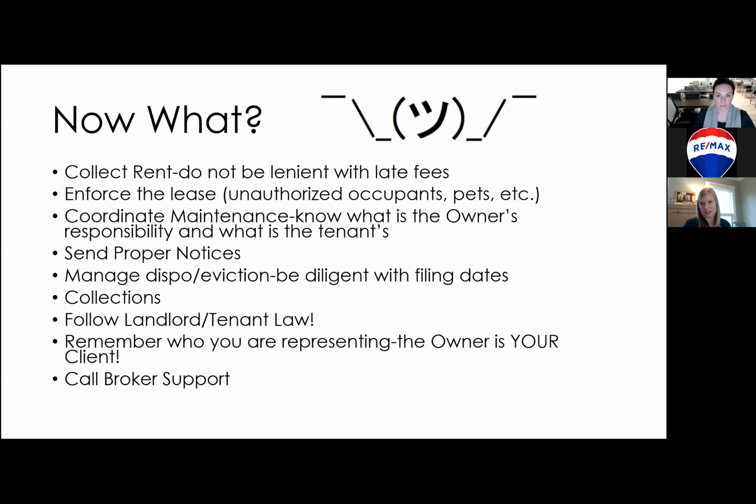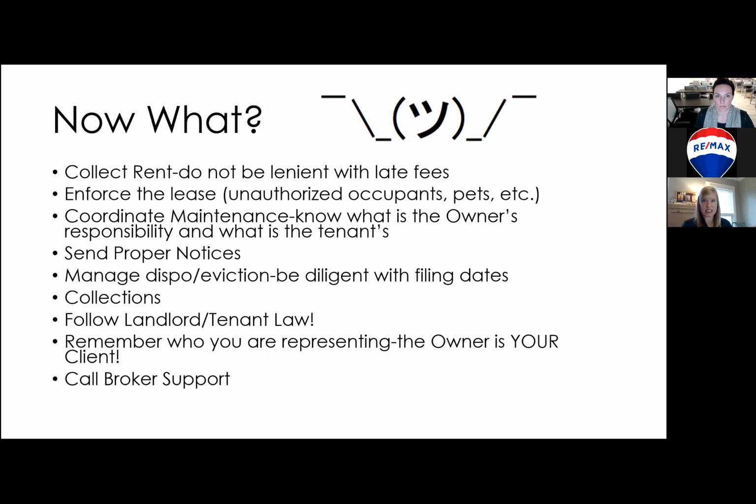Stick to your lease. If your lease says that you are going to charge a late fee on day 4, charge that late fee each and every time. And I can't stress this enough, because if you waive a late fee for one tenant and they happen to be talking to another tenant and they're like, hey, they didn't waive my late fee, all of a sudden you're charged with a discrimination suit.